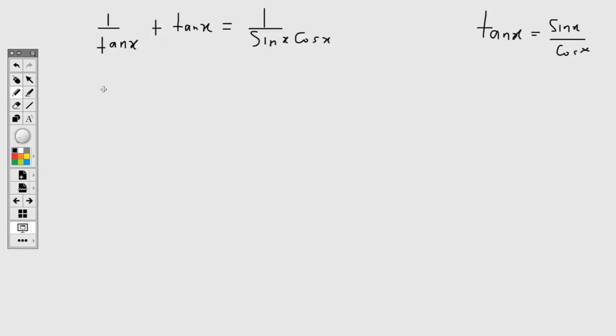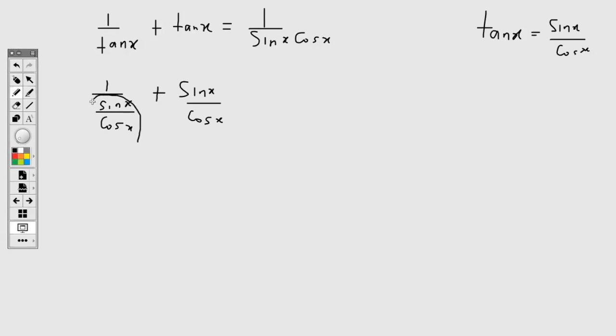So where I have tan x, I would have it as 1 over sin x over cos x. And this other tan x, I'll have sin x over cos x. If you realize, I use the left-hand side, most times it's the left-hand side I use because it has a lot of information and it's easier to work in that route.